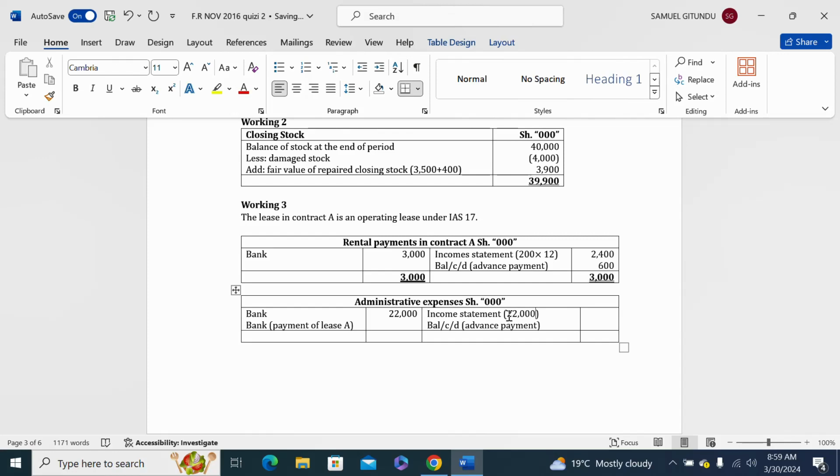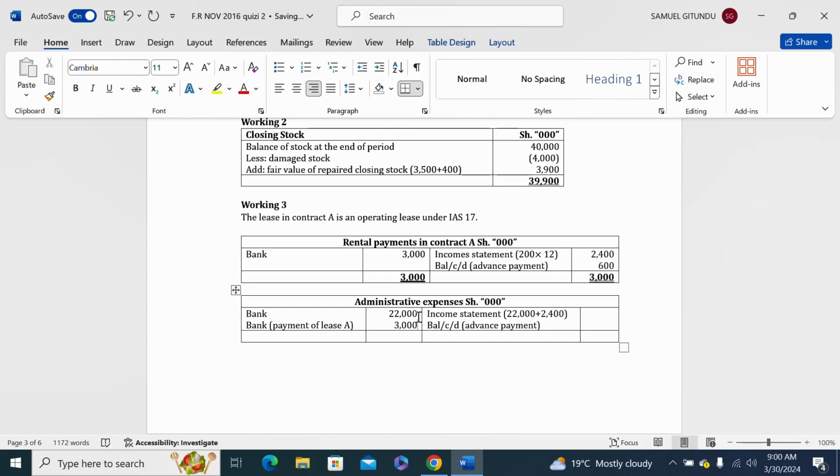To this one here, we add that interest of 2,400,000. Then there is what was paid. For total, it is 3 million.